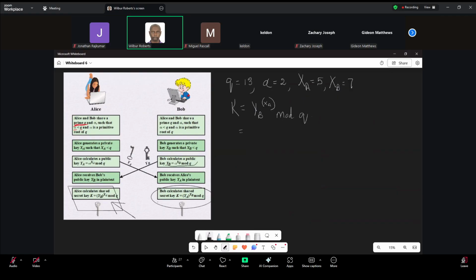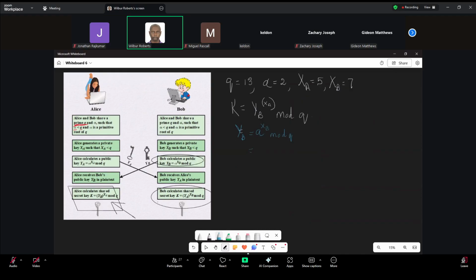Look, YB is being calculated here. This is how we calculate YB. You see where I put that circle? They say YB is equal to alpha to the XB mod Q.